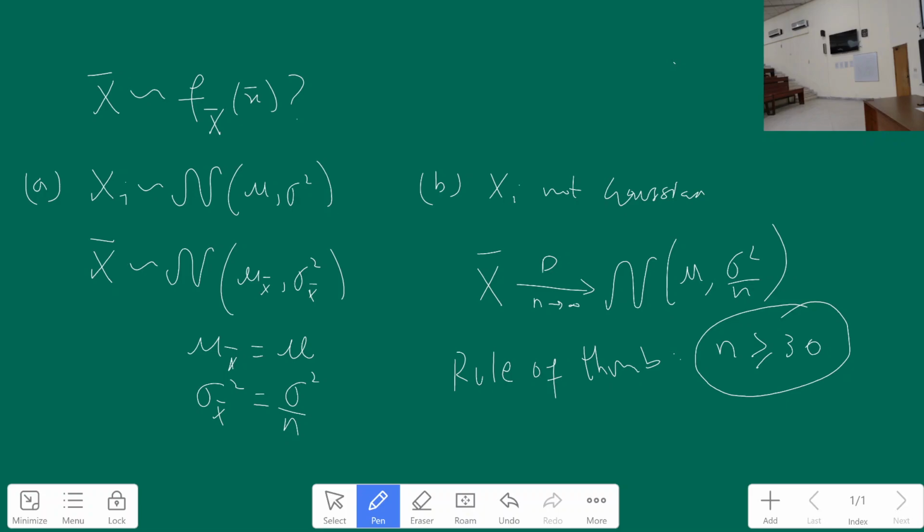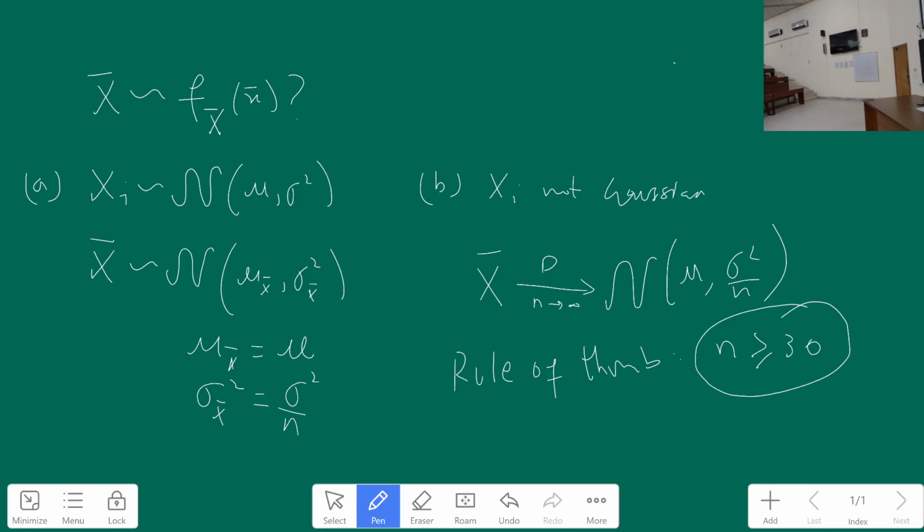Are they uniform? Are they exponential? There are so many others. What about if they are all Gaussian? Then this rule does not need to be covered. If the random variables xi themselves are all Gaussian, you don't have to collect 30 of them to have a Gaussian distributed sample mean.